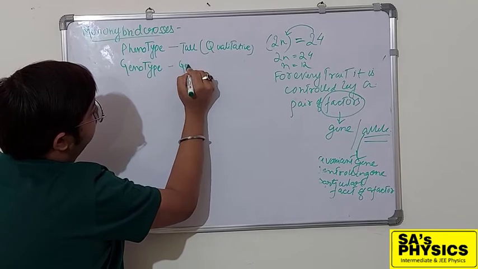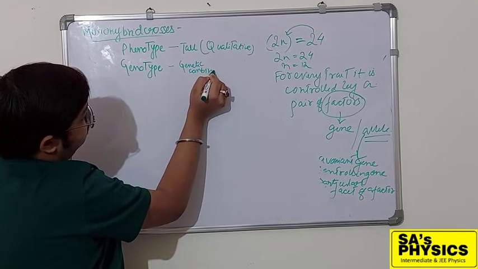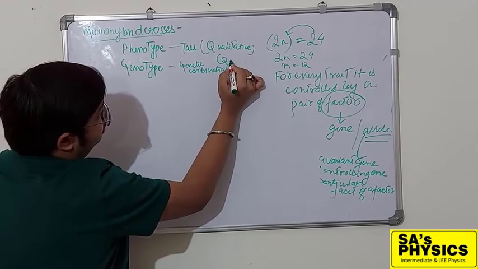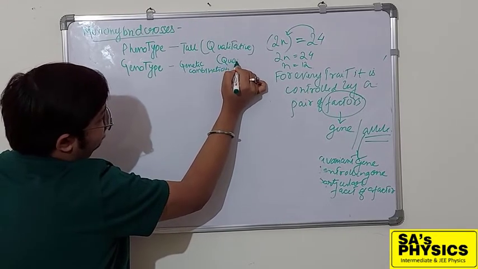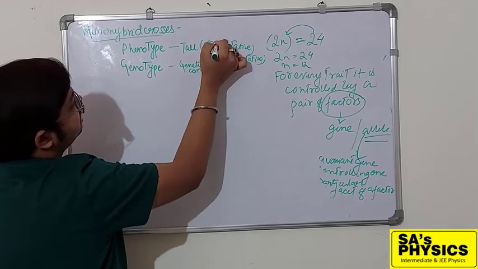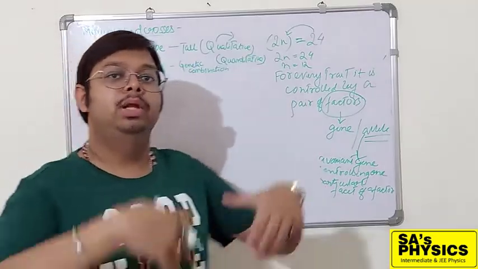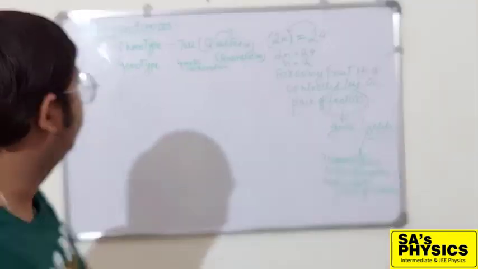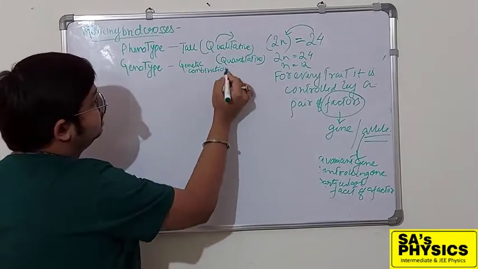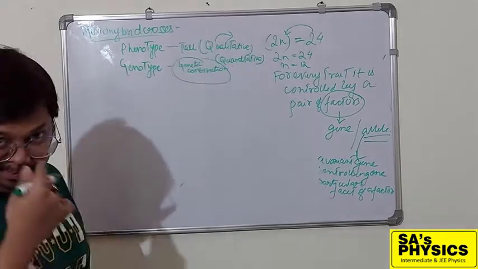Genotype is genetic combination in very simple terms, and this is a quantitative approach, you can say. Even this can be quantitative by the fact that it can be counted. How many tall plants are there, how many medium height plants are there, how many dwarf plants are there, like that. But in the true essence, the quantitative factor is always the genetic combination.